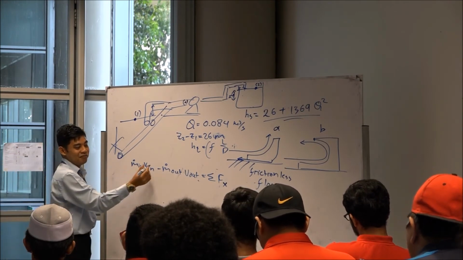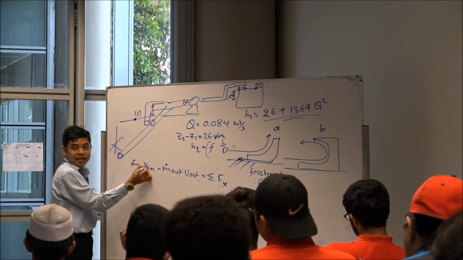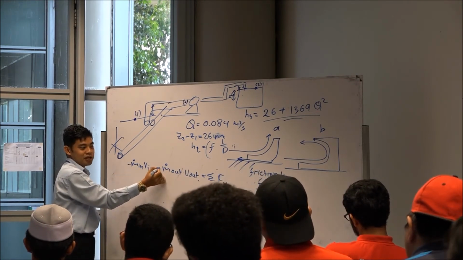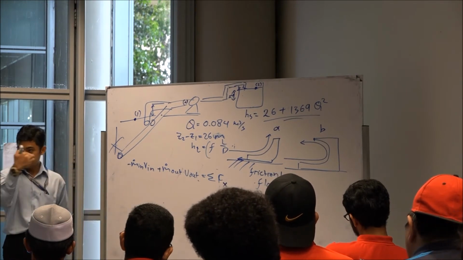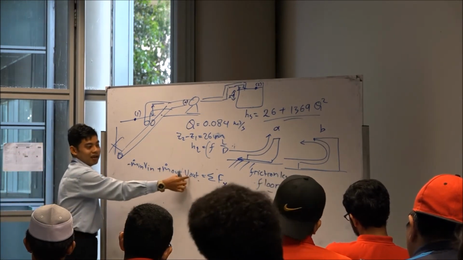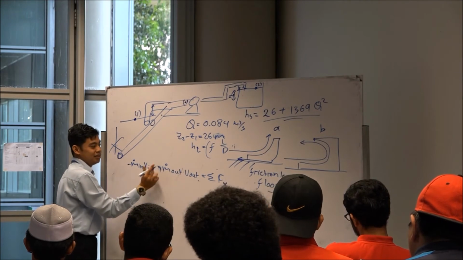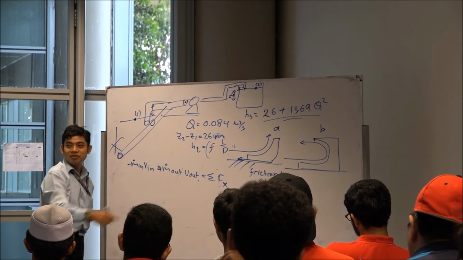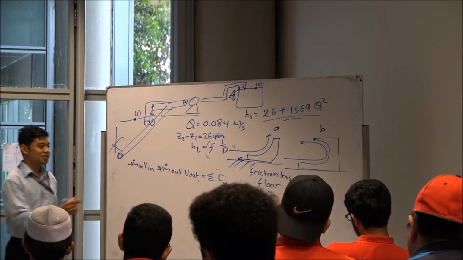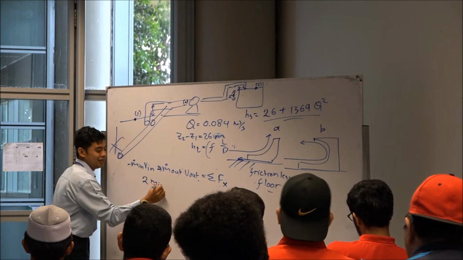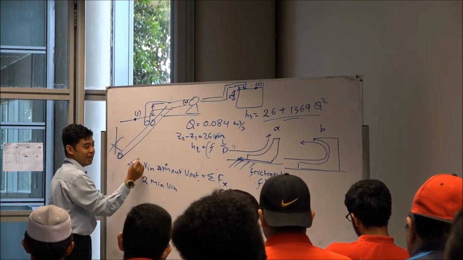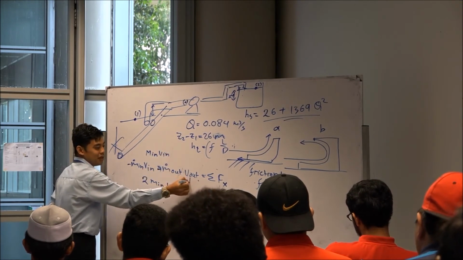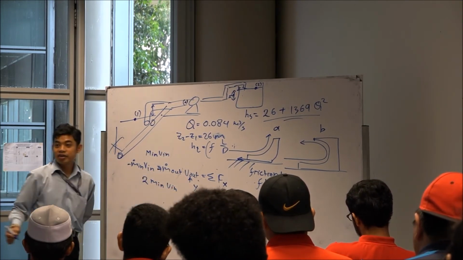So M in, P in is positive, M out, P out negative. So this one will give you 2 M in, P in, whereas A will give you M in, P in, because M out, P out is in the Y direction.